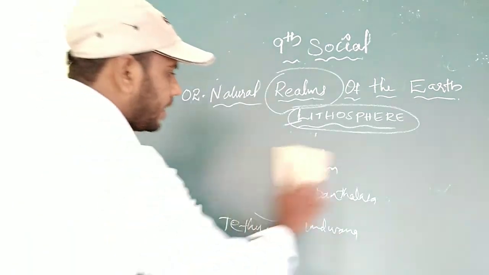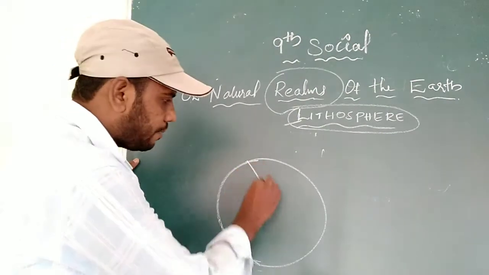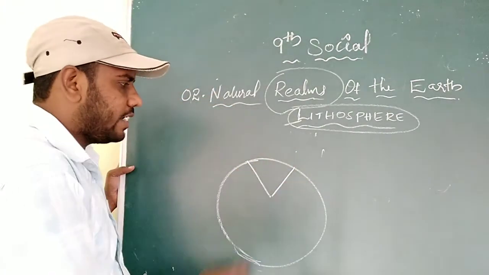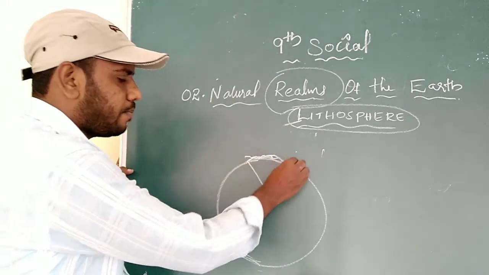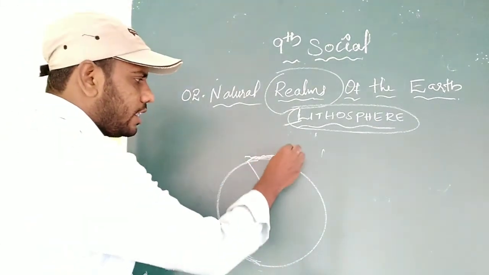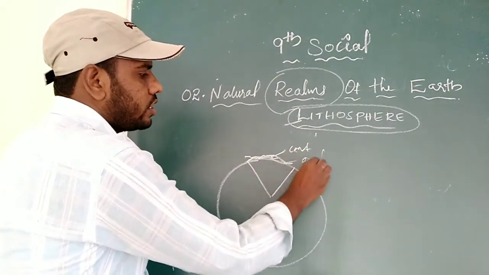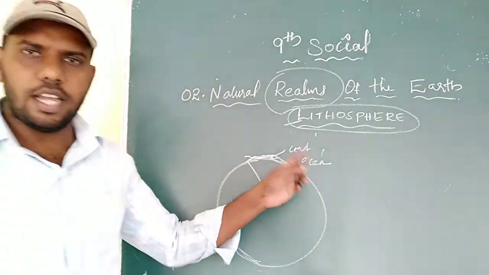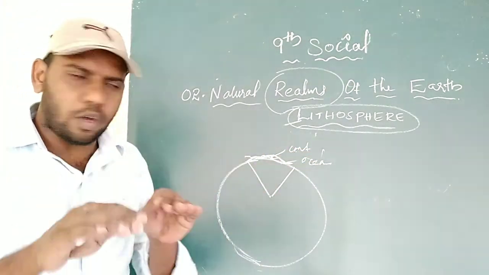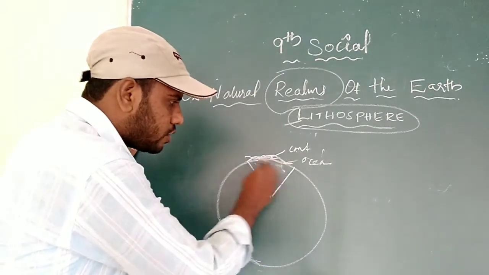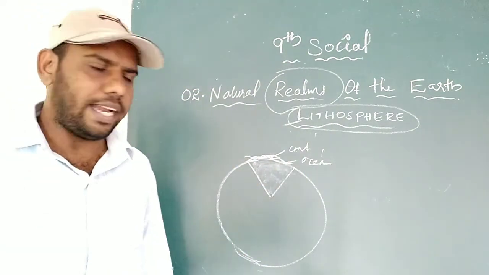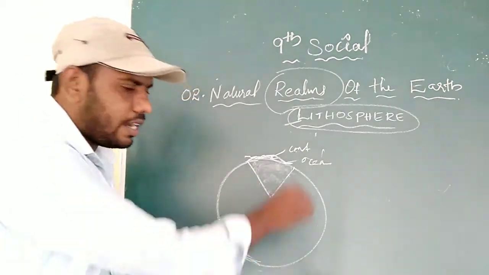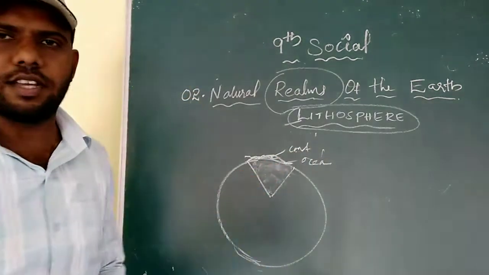For example, just imagine this part of the earth is one plate. If a continent and ocean are present here, they are located on that massive base of rocks, which is called a plate. Many such plates are there on the earth's surface.